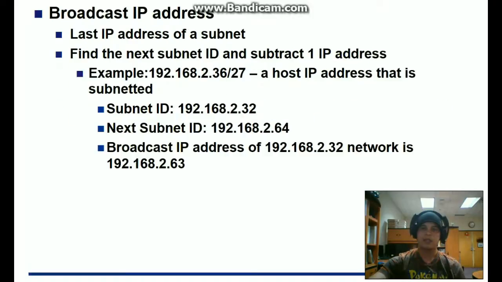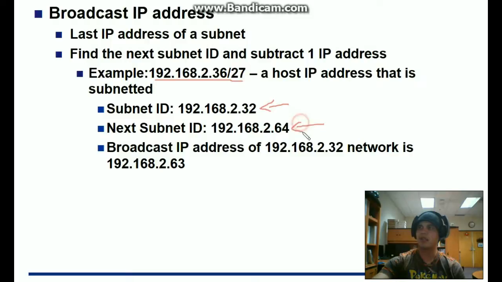All right. So the broadcast IP address is the last IP address of the subnet. One way to find it, just like finding the last available host IP address, is to find the next subnet ID, subtract 1 IP address from it, and then you've found your broadcast address. Sticking with our example, we already know the subnet ID is .32.